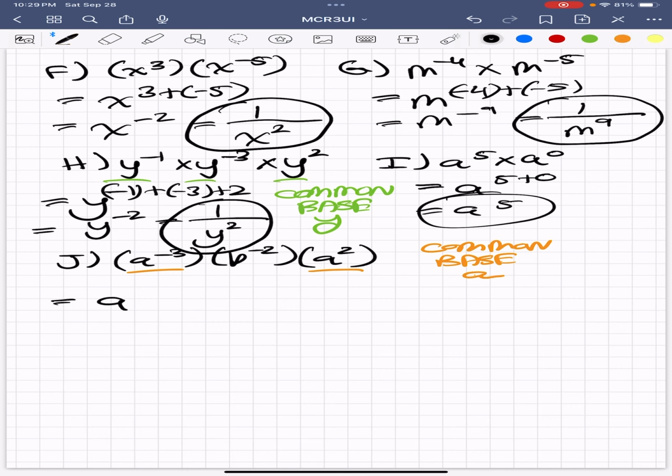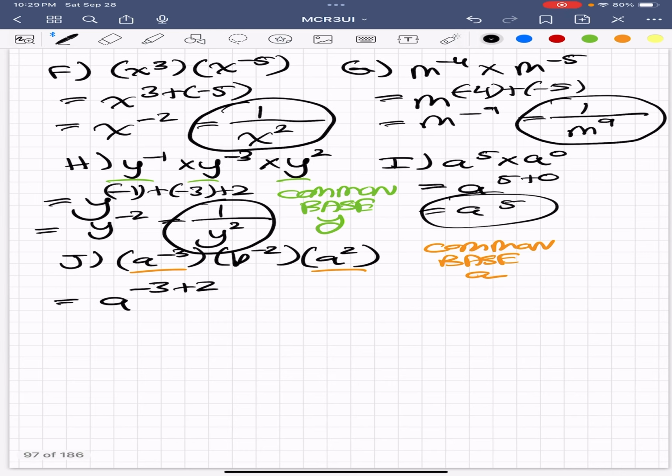Meaning that we are going to add these exponents together, because it's just another way to show multiplication if things are in brackets. And then we're going to multiply b to the -2, but I realized that b is a negative exponent, so we might be moving it to the denominator to make it a positive exponent. So we have a to the -3 and a to the power of 2.